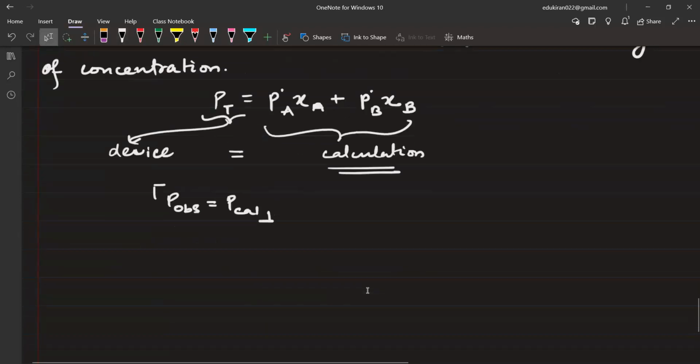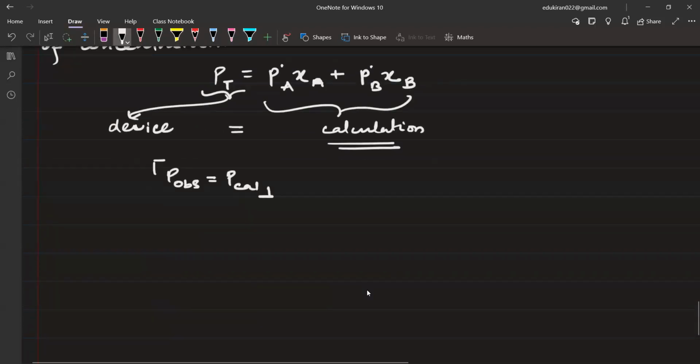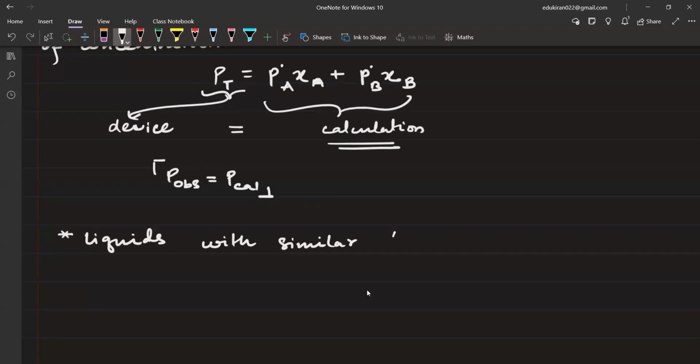Now, this can only happen with liquids with similar intermolecular force of attraction. Liquids with similar intermolecular forces of attraction form ideal solutions.